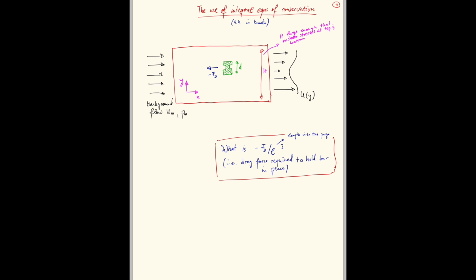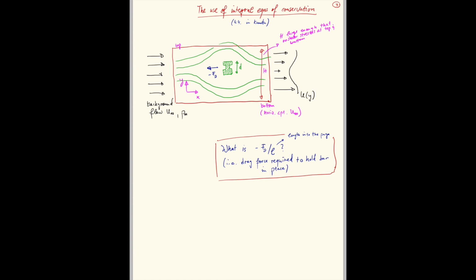Also at the top and bottom boundaries, the horizontal component of our flow is approximately U infinity. There is a non-zero vertical component, because the streamlines around our bar will look something like this. So there will be flow out through the top and bottom surfaces.